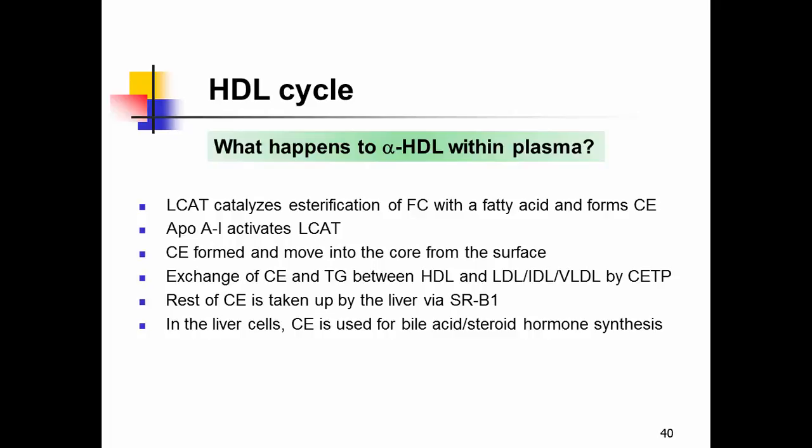And the second thing is the exchange of cholesterol esters and triglyceride between HDL and LDL, IDL, and VLDL. This exchange causes increased cholesterol esters in the alpha HDL, so the alpha HDL size becomes bigger, because it receives more cholesterol esters from LDL, IDL, and even VLDL.